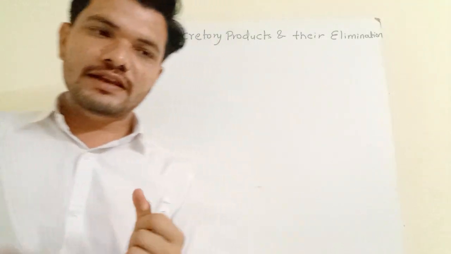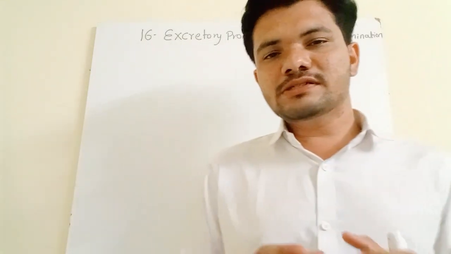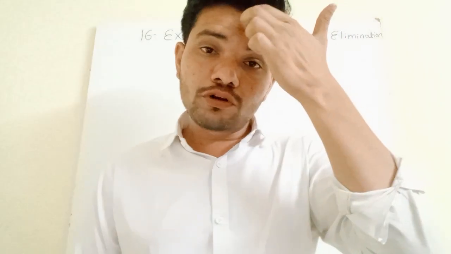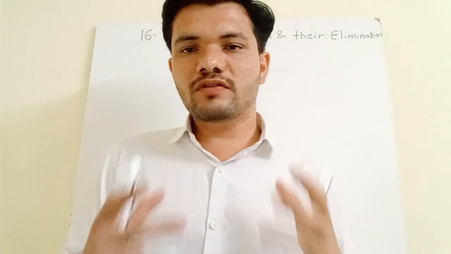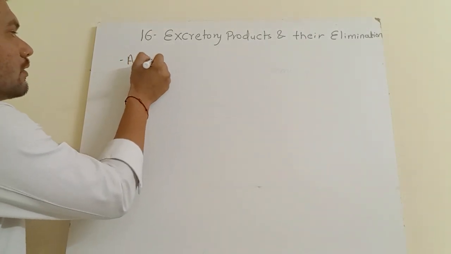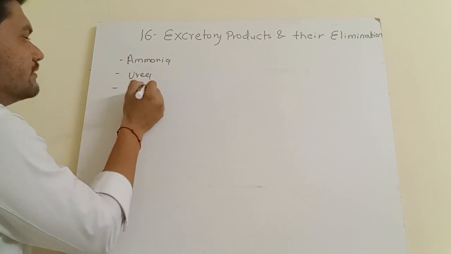First of all, let me tell you what excretory products are. Friends, whenever your cells are doing metabolism, they produce many metabolic wastes. These wastes can be ammonia or urea or uric acid.